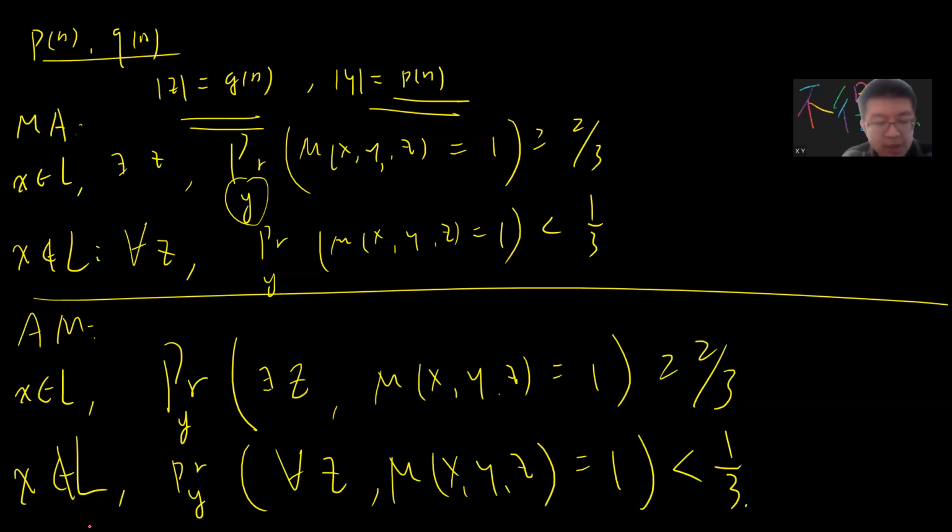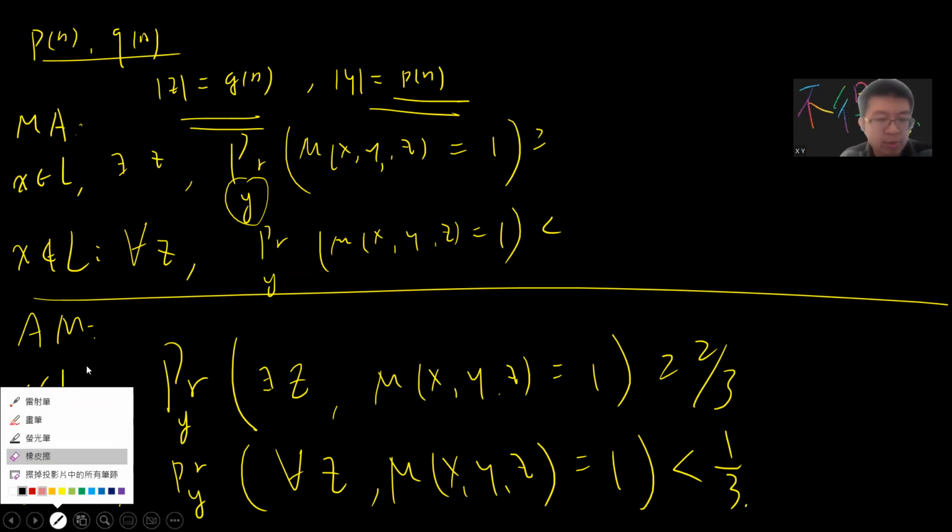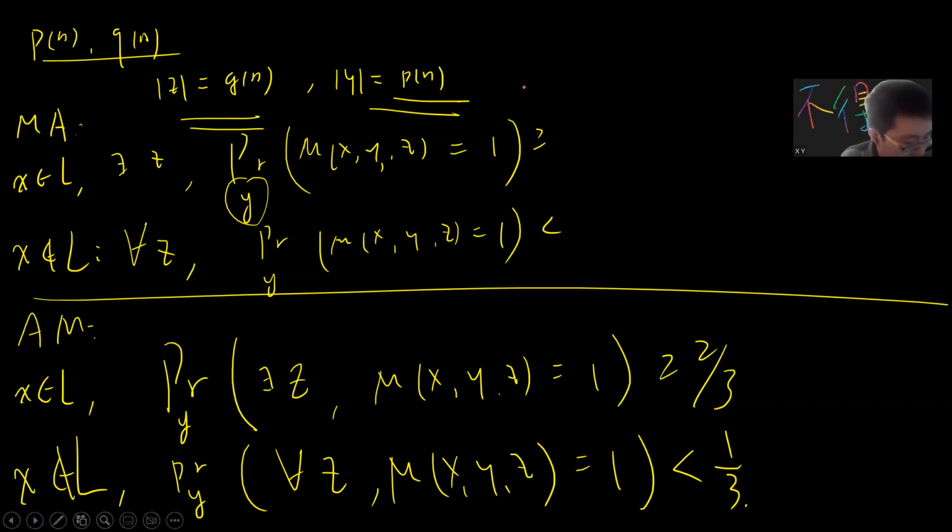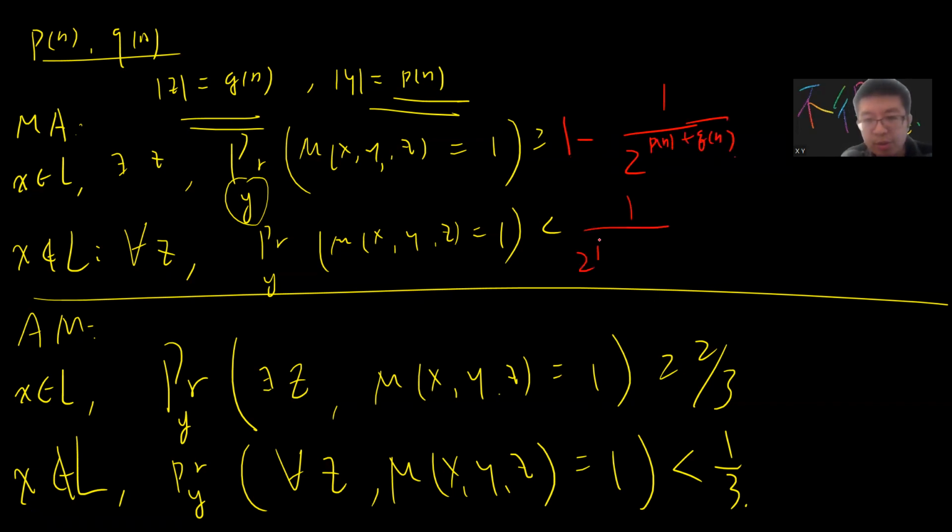Okay, so let's just write. Notice that the z is always the same, because Merlin sends it, but you can also just copy Merlin's results and only use a polynomial number of times in n, and then one can reduce the error to the following. For convenience, I will choose p(n) plus q(n), so this is very large, and this is very small.